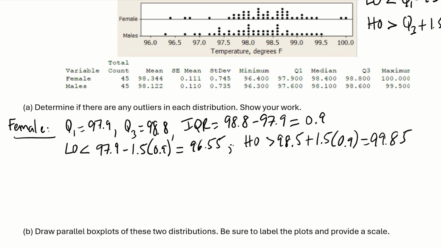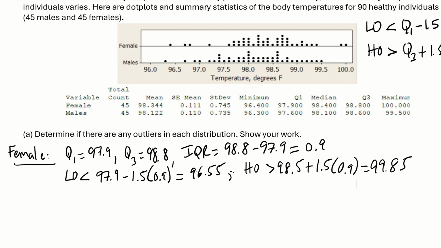In this case, it has to be less than 96.55 or greater than 99.85 to be an outlier. If we look at the female data, we have one that's 100. Oops, I put 98.5 here. Sorry, the third quartile is 98.8.